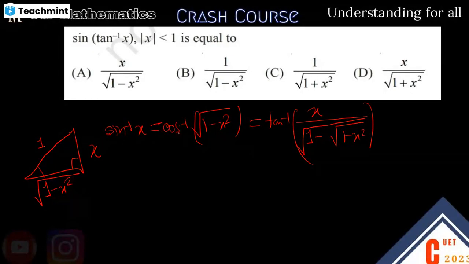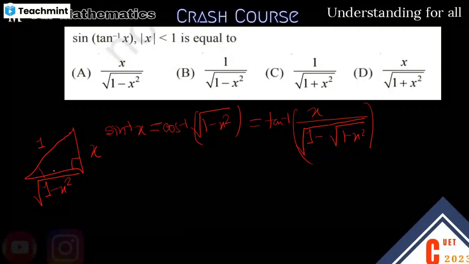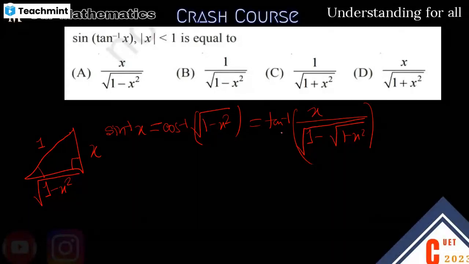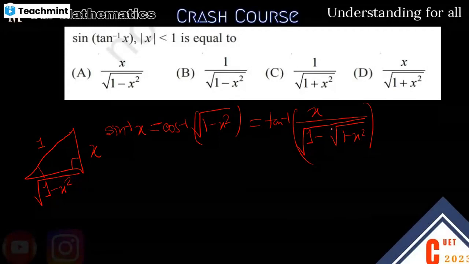That means cos inverse will be base by hypotenuse, that is root over 1 minus x square by 1. Then tan inverse is perpendicular by base, that is x by root over, sorry, okay. I think I made a mistake here.